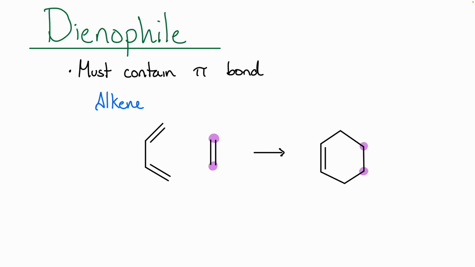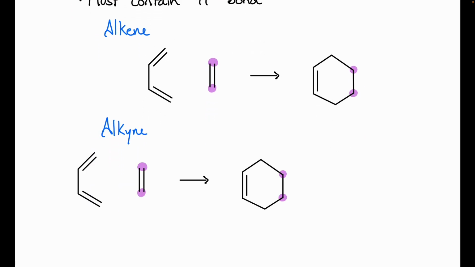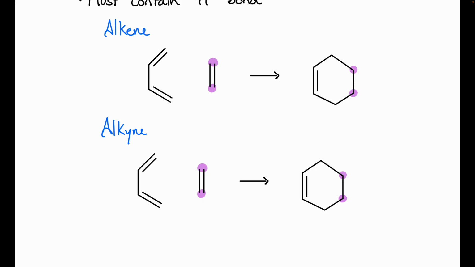All right, but we could also use, instead of an alkene, an alkyne. They also have pi bonds. But they got an extra one. Importantly, only one of them will ever be used in my reaction here, which means my product here, I'll also have that one of those pi bonds remain between those 2 carbons from my dienophile.